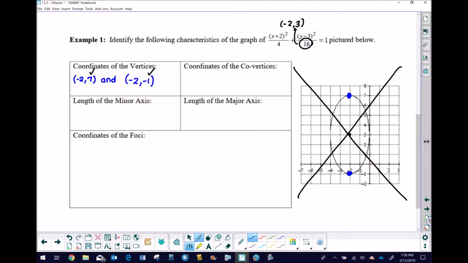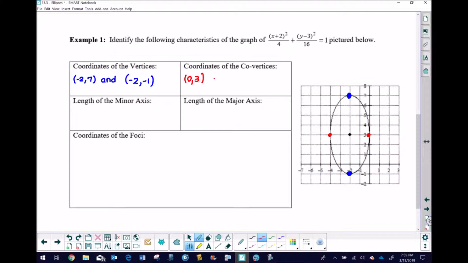You would do something very similar to find the co-vertices if you weren't given the graph. Okay. So I'm going to back up and I'm going to say, hey, we were given the graph. Let's go ahead and use it to find these two guys. We end up with 0, 3. Doesn't matter what order you write these in. 0, 3 and -4, 3.